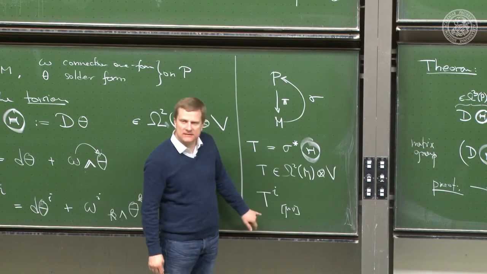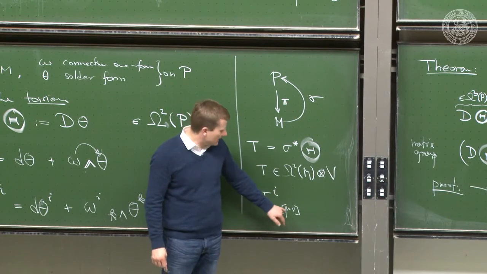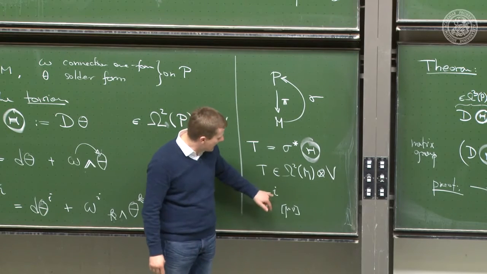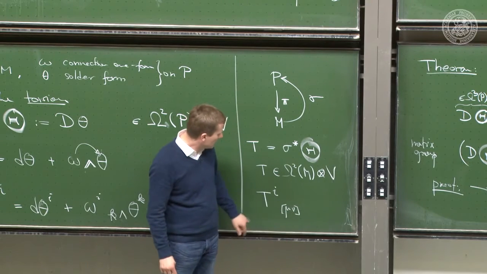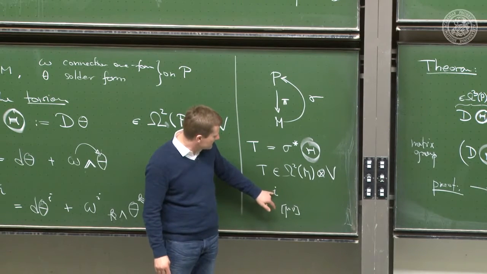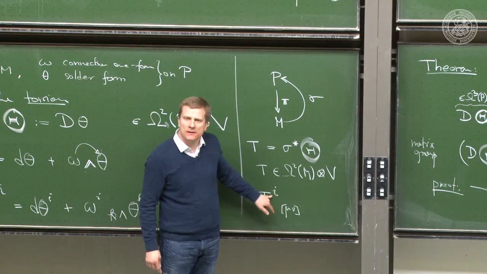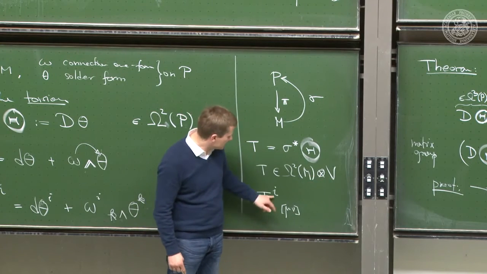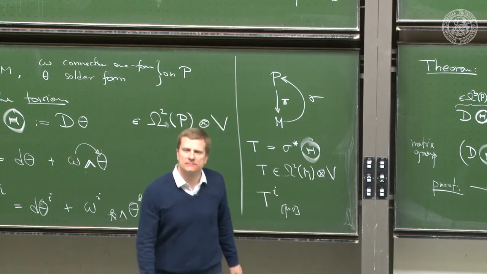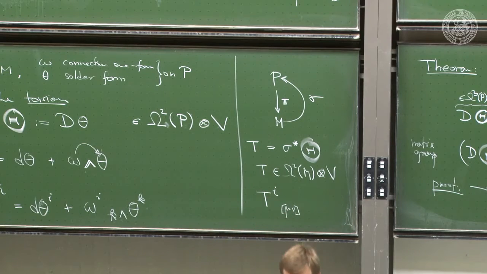So like in the Riemann tensor, we had Riem i j mu nu, so this is T i mu nu, and in order to have this single I, even if you act with a matrix group, this must be a representation space there. And you now see why you need a representation space of the same dimension as the base space is. Okay. And so this will be the main application coming from the frame bundle, but there are other applications.